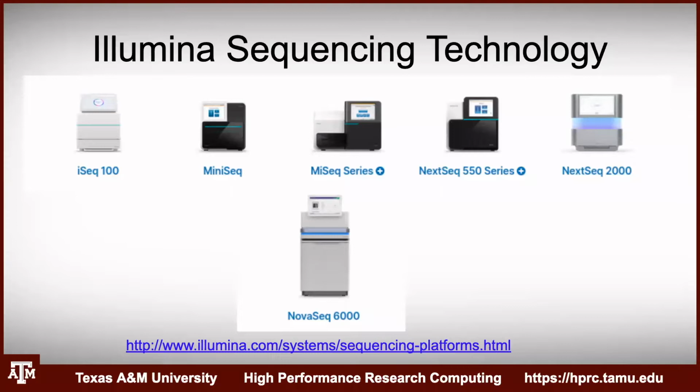Illumina sequencing is highly accurate, so greater than 99% accuracy for the reads. So that makes it a really popular choice. You do run into some difficulties, or limitations, or things that you need to overcome because they're short reads, but it's a great technology.